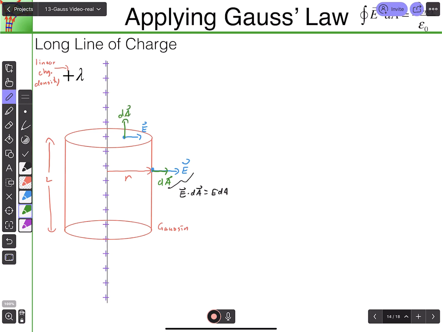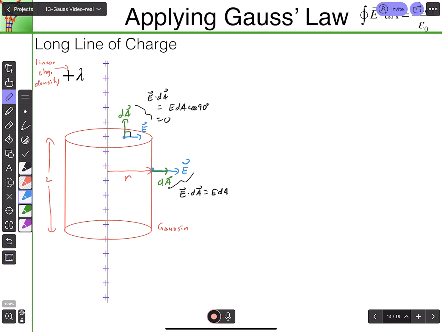On the outer surface, the electric field is pointing in the same direction as the area, but on the top surface the field is still pointing away from the line while the area vector is pointing straight upwards. So these are perpendicular, which means the dot product is going to be 0, because E dot dA is equal to E times dA times the cosine of 90 degrees, which is 0. So there it's going to be 0.